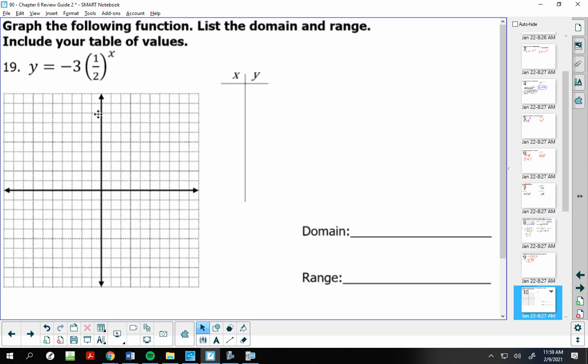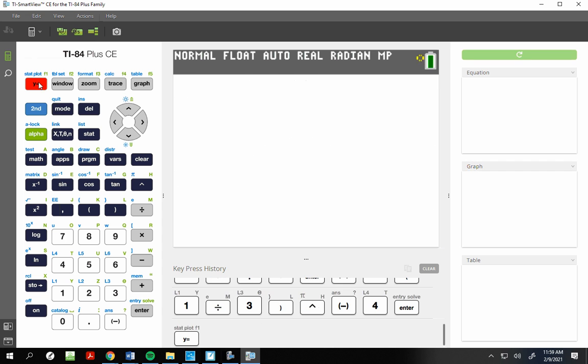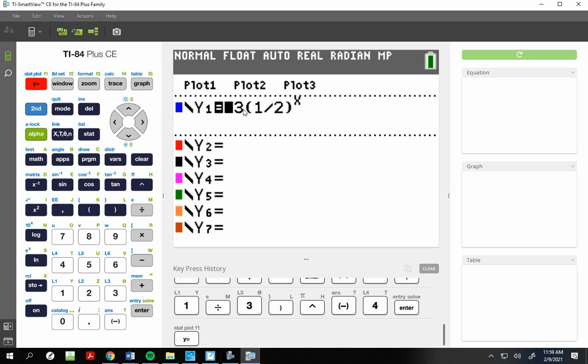All right, graph the following function. You can pick x values like -2 to +2 and plug it in by hand. Use your exponent rules and PEMDAS, or we can just type it in our calculator by hitting the y equals button. Type in -3 times 1/2 to the x power.